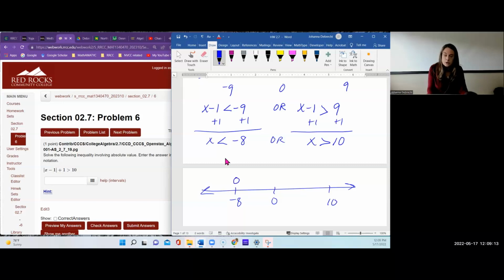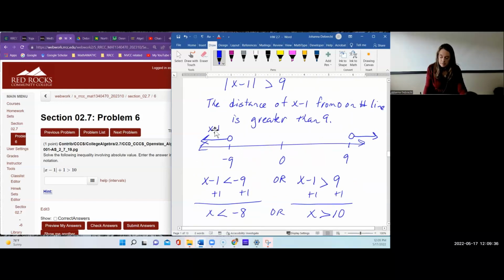It doesn't include -8 because it's not or equal to, and the variable is on the narrow end, so we go left. This is where x is. On the other solution part, we have x on the wide end, but not equal to, so empty symbol, go to the right of 10. Again, that's where x is. If x is in one of these two places, x minus 1 will be in one of these two places.